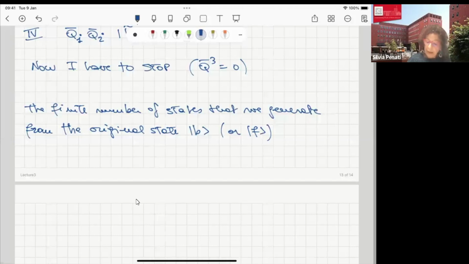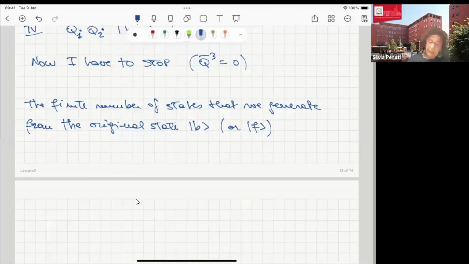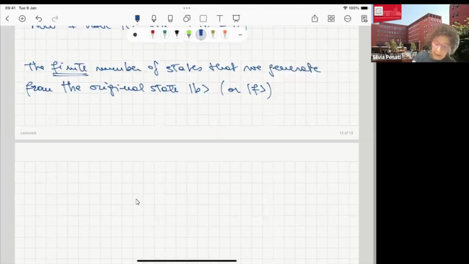The final number of states that we generate from the original state B, it's important that it is a finite number, is called a SUSY supermultiplet.